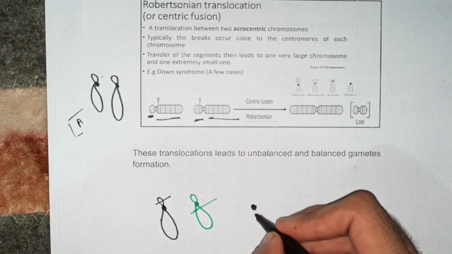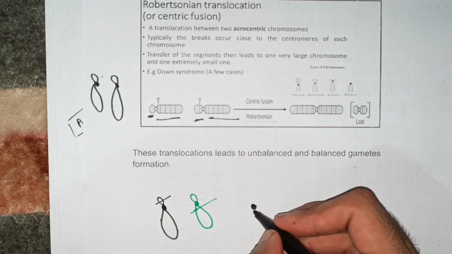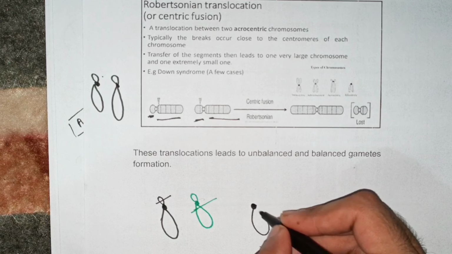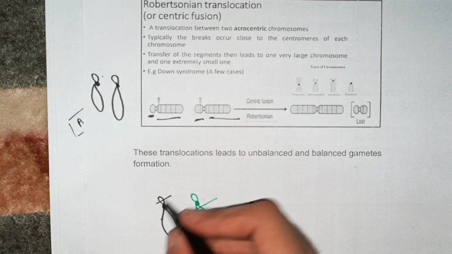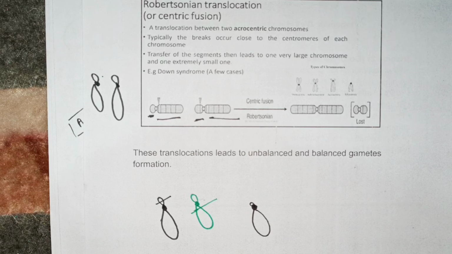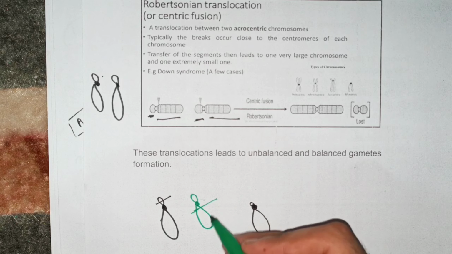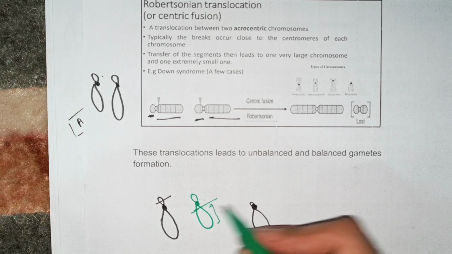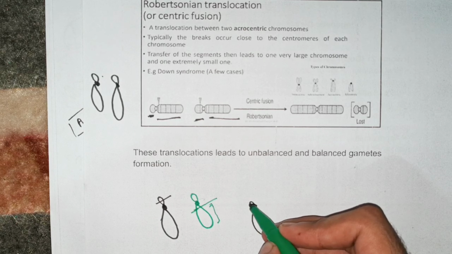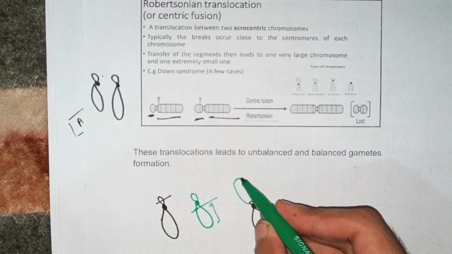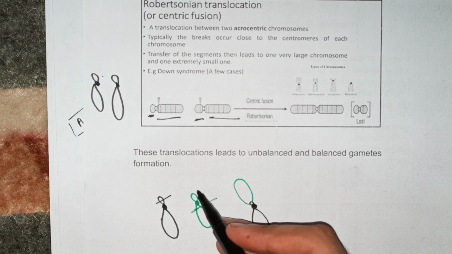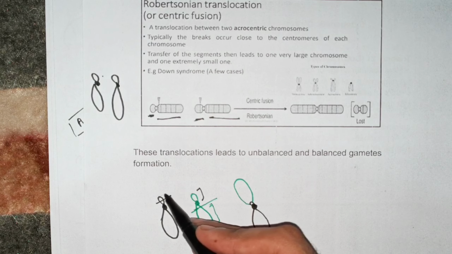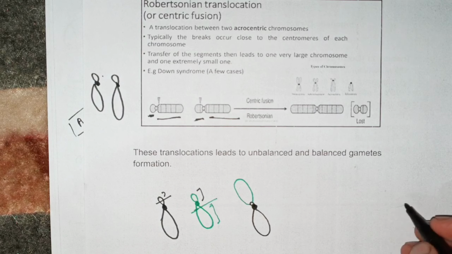Okay, if I draw it for you here, this is the centromere and this is the long arm of this part, and a little portion which was left after this cut, and this part will be added over here. This part and this part will be fused.